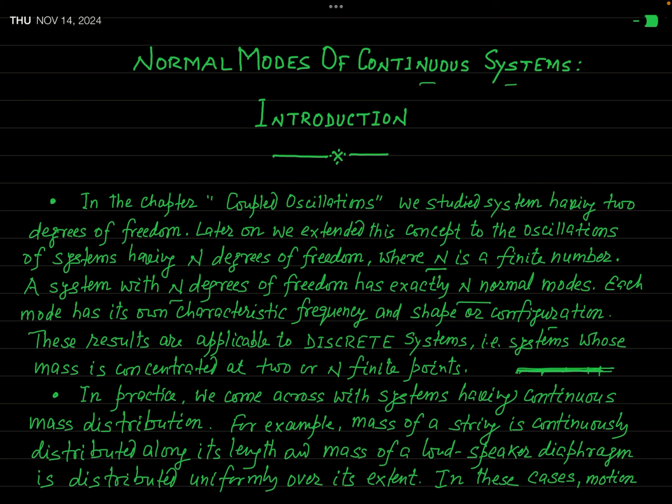Okay, and the separation between two successive particles, say it is d, then d tends to 0. So when d will tend to 0 and n will tend to infinity, then you can say that this system of particles is a continuous system.